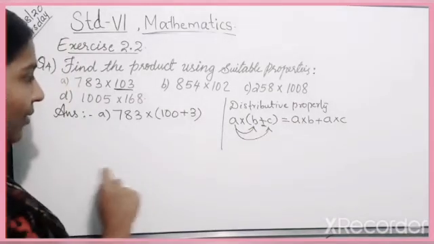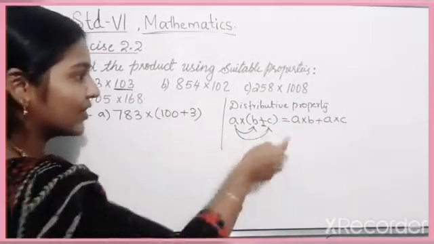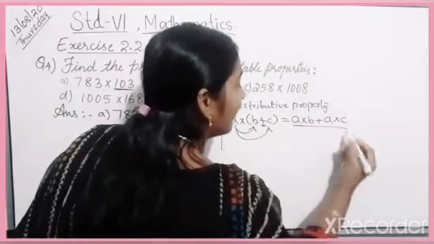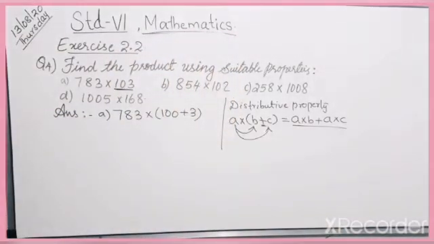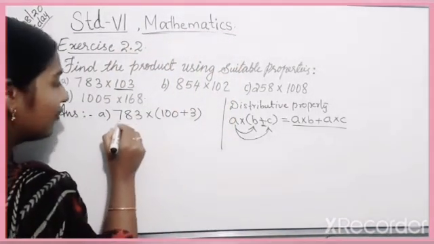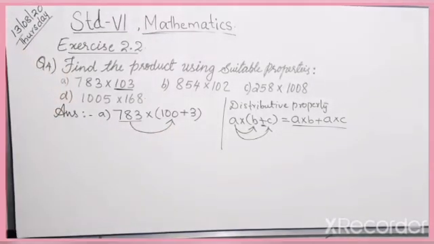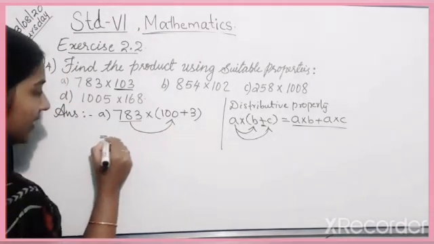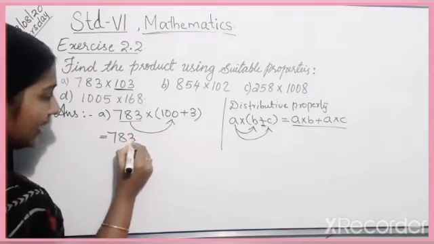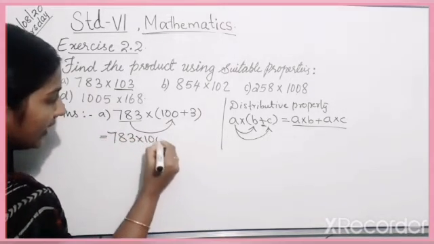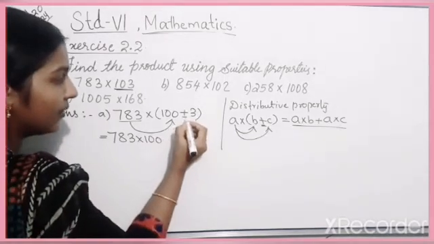Okay. Now, let's do the calculation this way. A into B plus A into C. That means first multiply 783 with 100. That is 783 into 100. Then what to write?